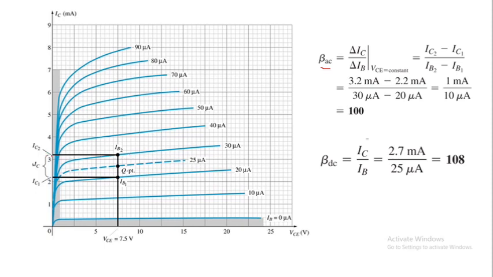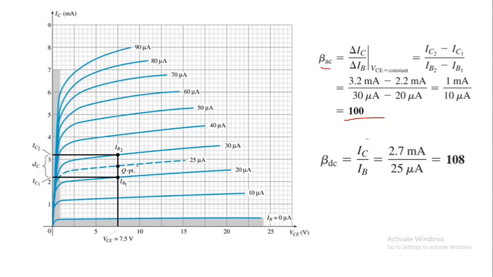IC2 is 3.2 milliampere and IC1 is 2.2 milliampere. So the change in IC is 1 milliampere and the change in IB is 10 microampere. Calculating this, we find beta AC equal to 100. There is no unit because this is a ratio.